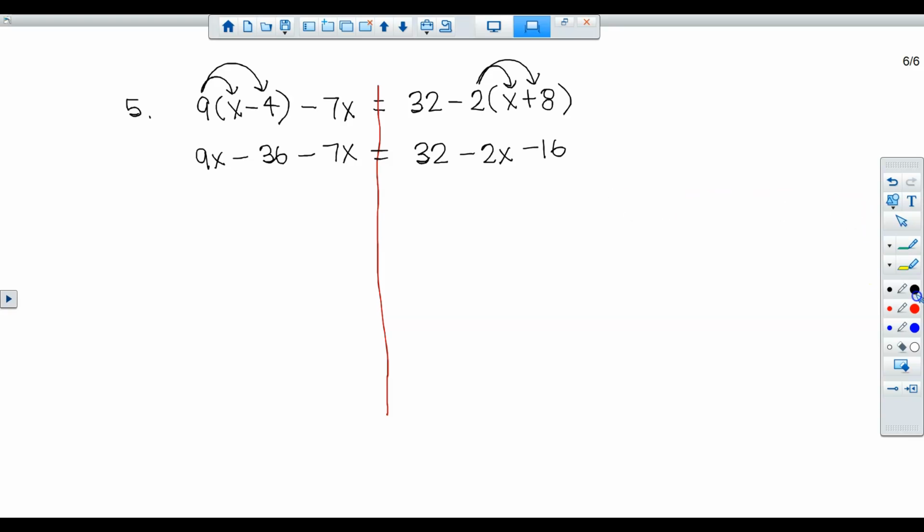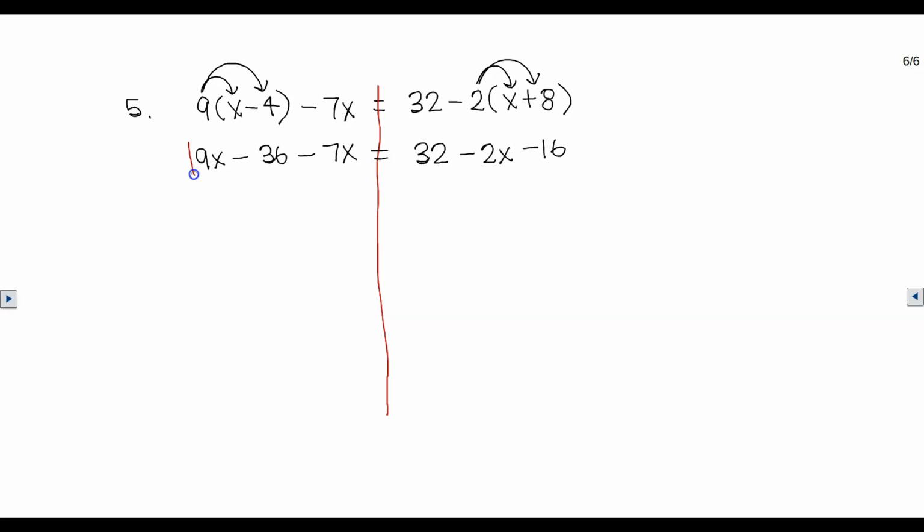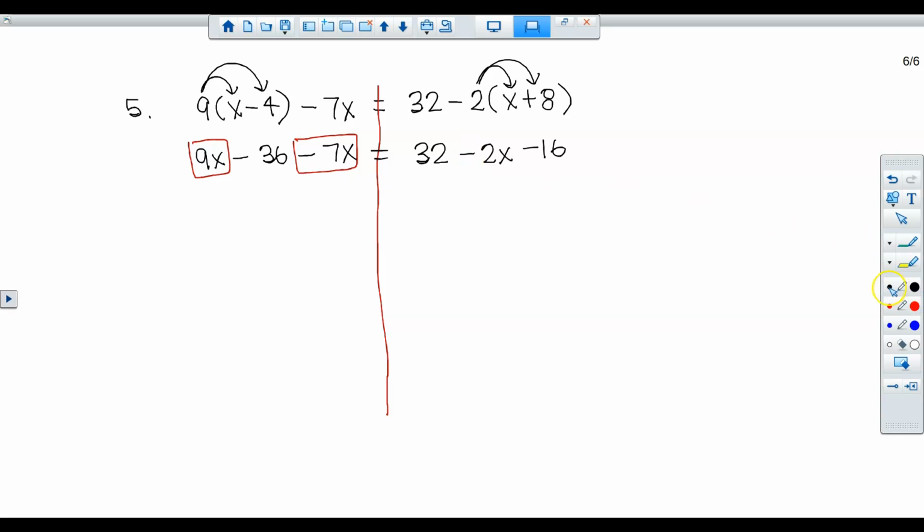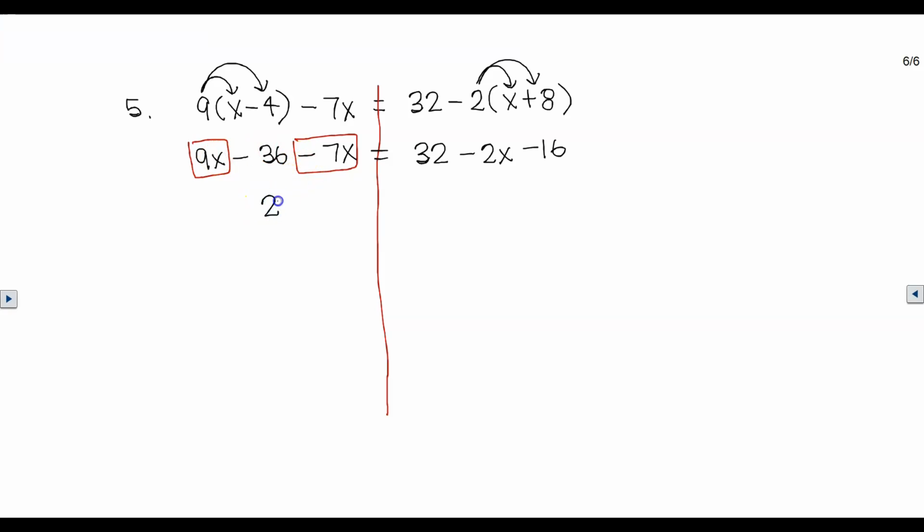For step 2, we're going to look at each side to see if there are like terms we can combine. On side 1, I know I can combine 9x with negative 7x. So let's go ahead and do that. 9x minus 7x makes that 2x, and then I have my minus 36.